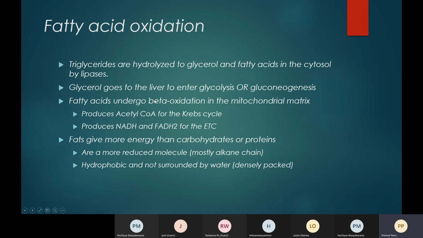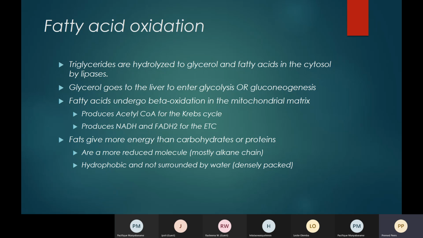The only way to break down fats you need to know for the MCAT is called beta oxidation. This occurs in the mitochondrial matrix, same place as the Krebs cycle. You're going to see an overview on the next slide, but the products that are important to know: it produces acetyl-CoA, which we know the main use is to enter the Krebs cycle.